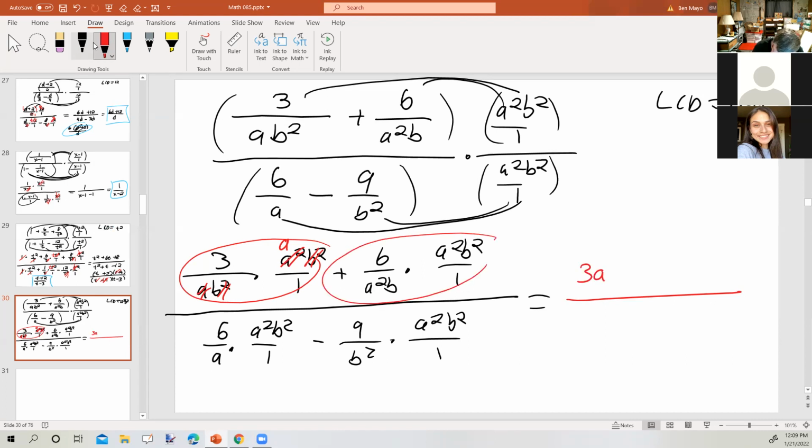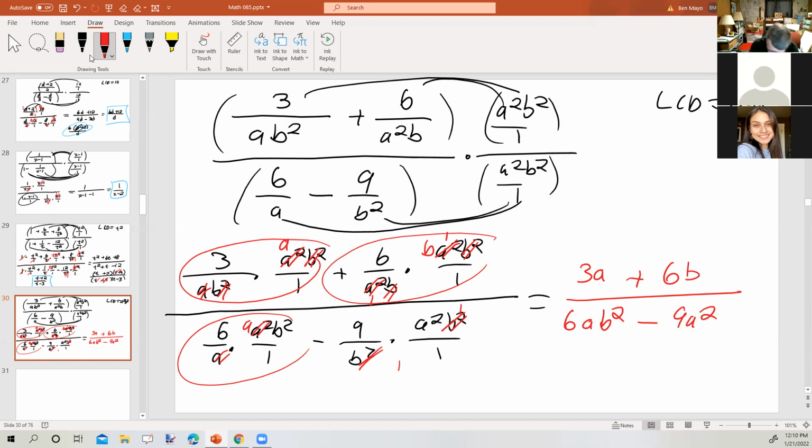And here, a squared over a squared is 1 over 1. B squared over b is b. So this whole thing becomes plus 6b. Down here, a squared over a is a. So we get 6ab squared minus, the b squareds reduce down to 1 over 1, minus 9a squared.